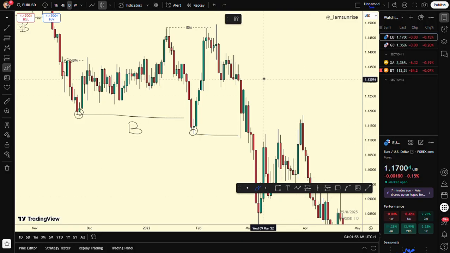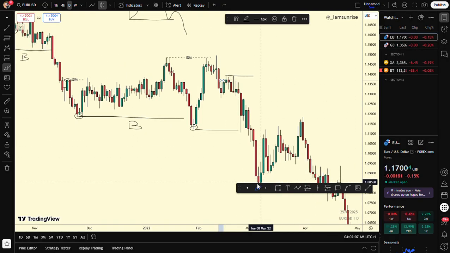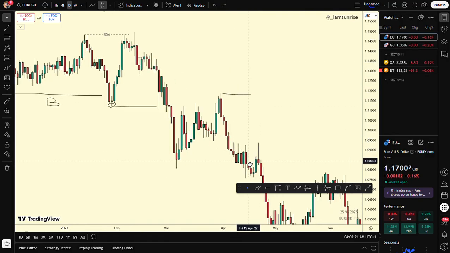This is our inducement right here, because price took the previous candle low, previous candle high, and then pushed to the downside. But did price go there to take it out? No. Rather, it created another pullback. Previous candle high was taken out, so this is where we will now use as the inducement.